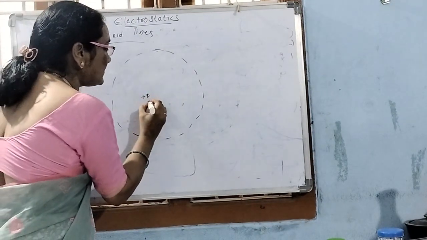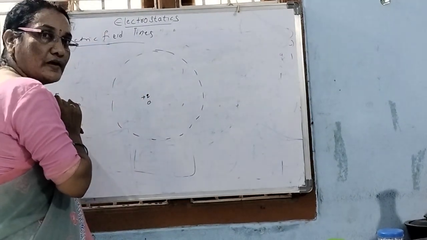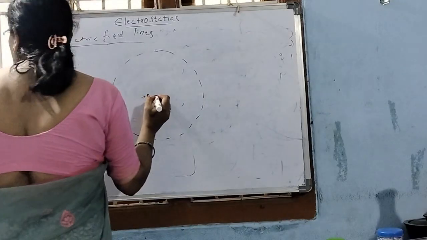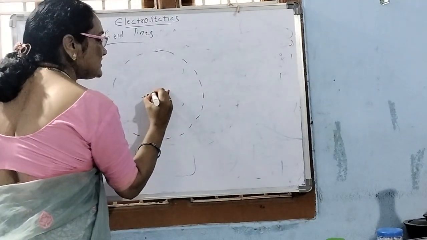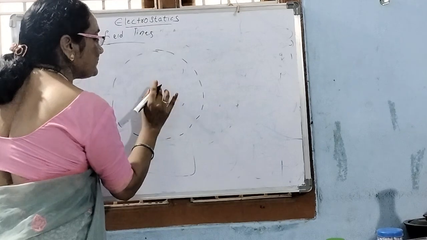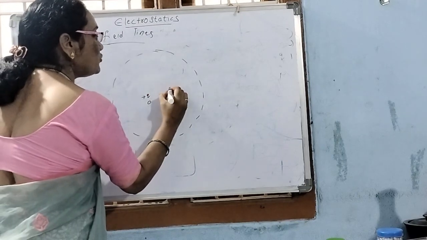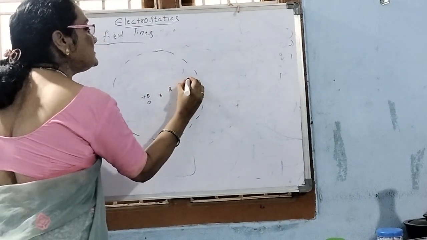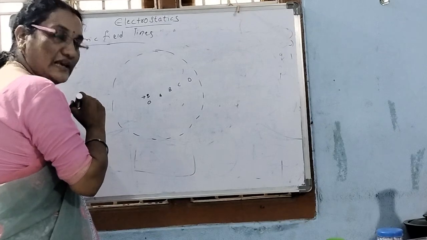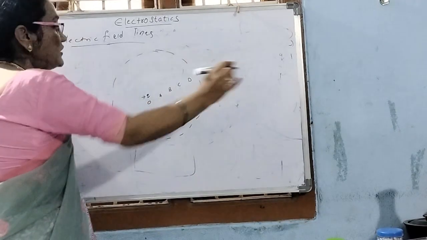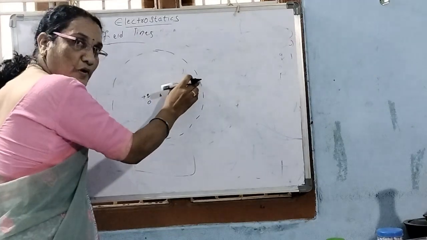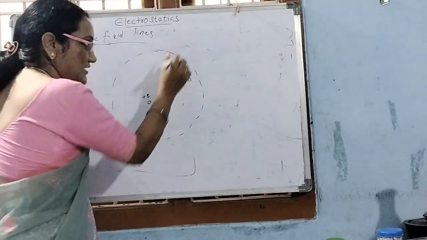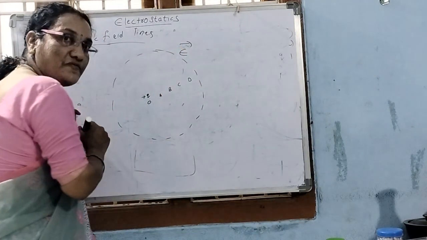First, I kept it at a point O. Then this charge moves from point O, let us assume, to A, again A to B, B to C, C to D, in such a way. Now, the charge is moving from one point to another point in the electric field.